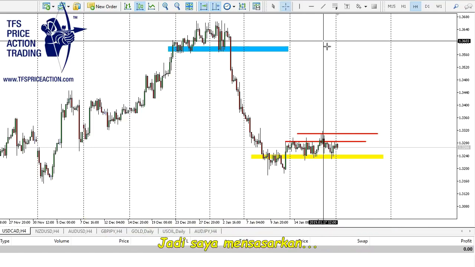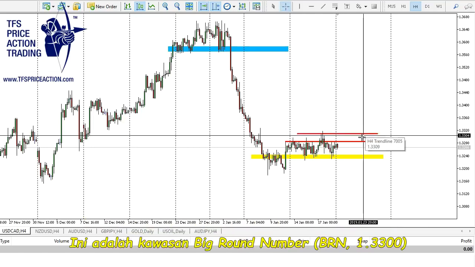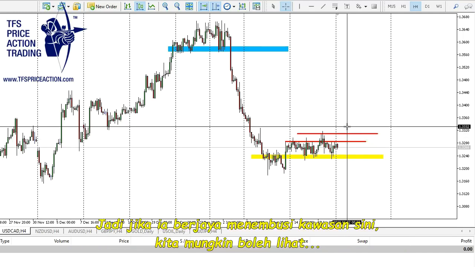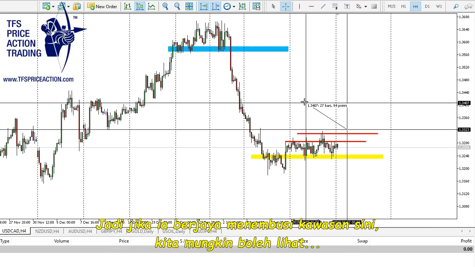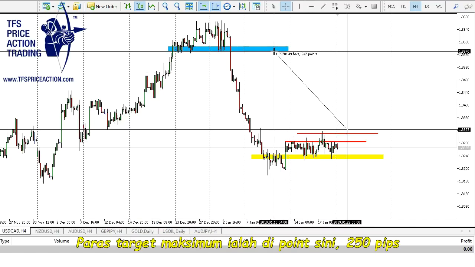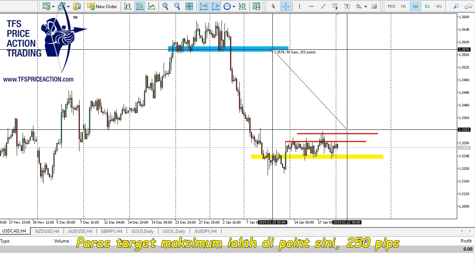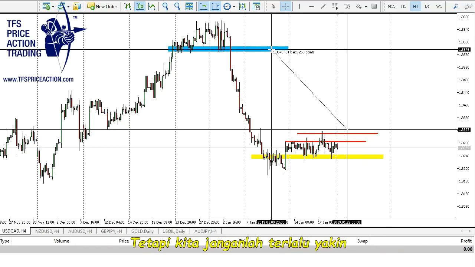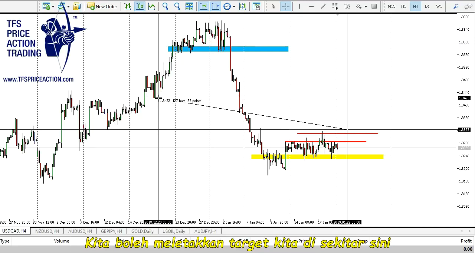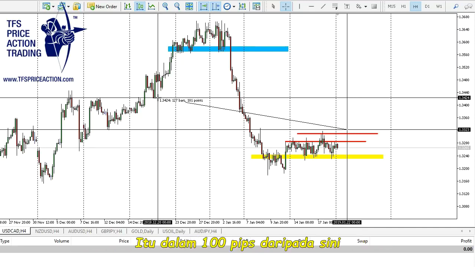This is around the big round number area. If it breaks this area, then perhaps you can target the maximum at this point, 250 pips, but let's not be too optimistic. We can set it at maybe around here, so that's around 100 pips from here.